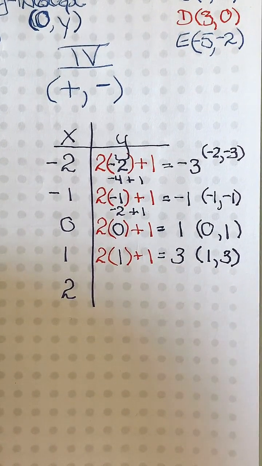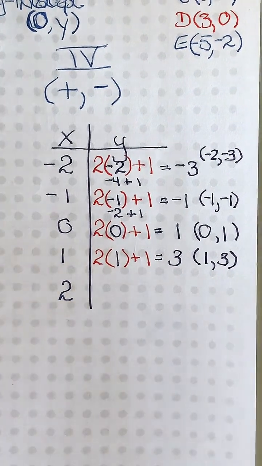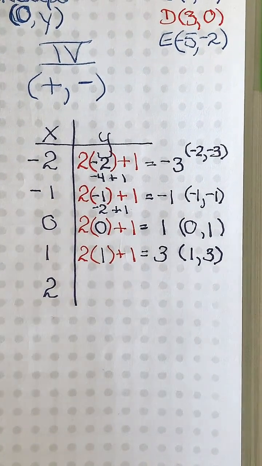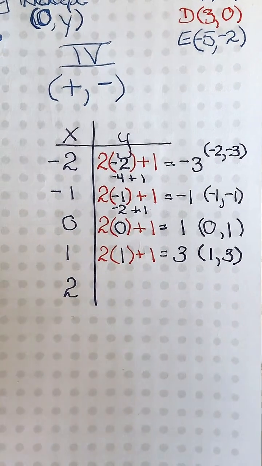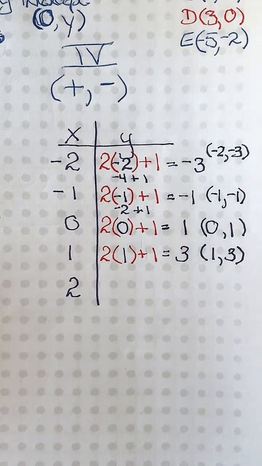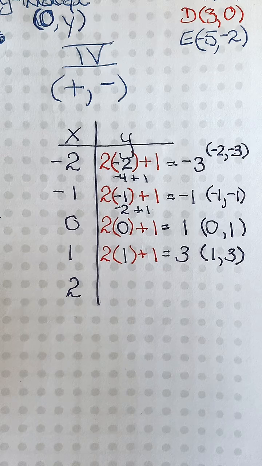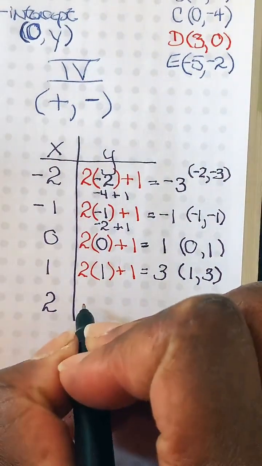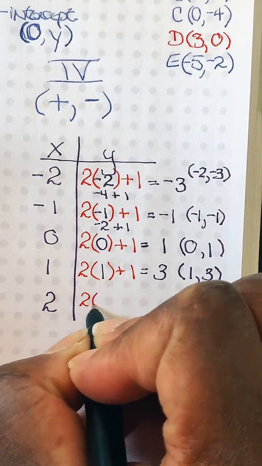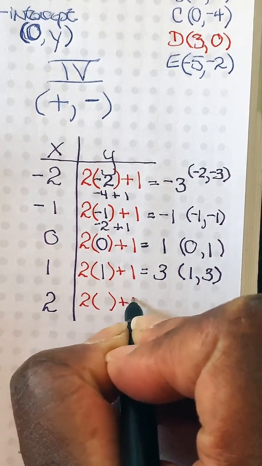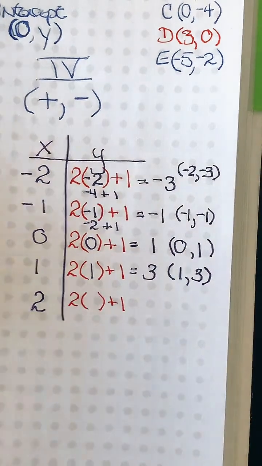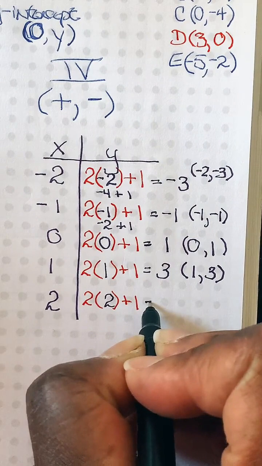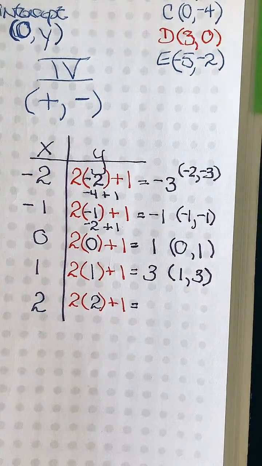Is the next one 5? Well, how about the order pair? Is it Zarina? If it's Zarina, what about the order pair? So for the next one, we have 2. So my input will be the 2. What's my output?